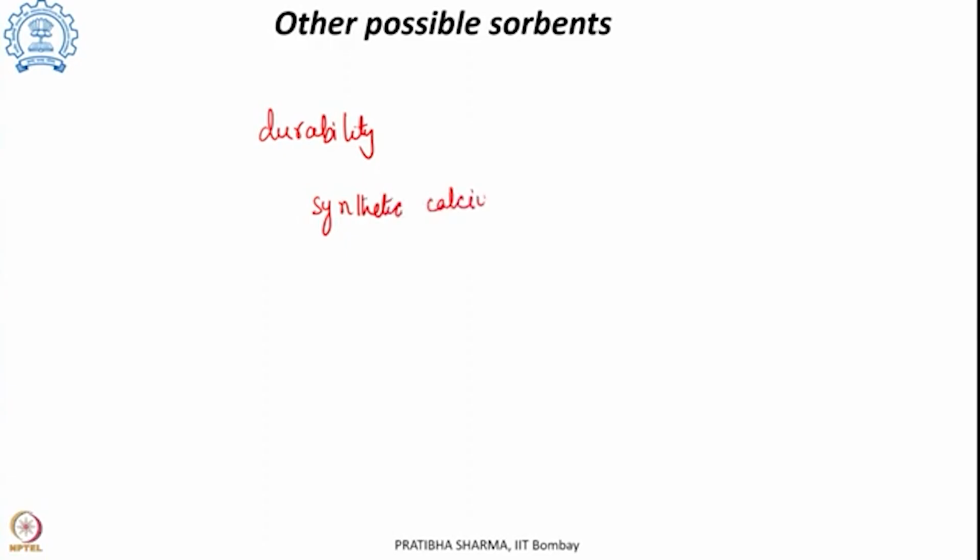sorbents, then there are core shell structures of say dolomite with nickel.